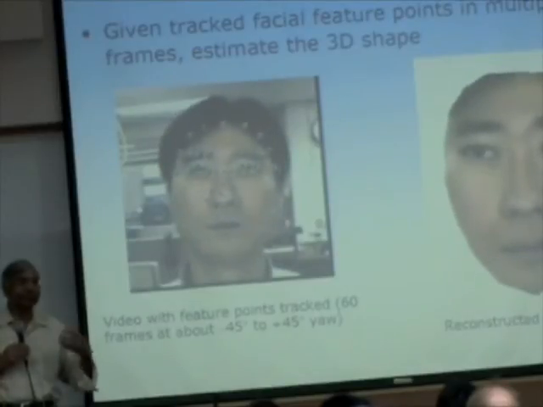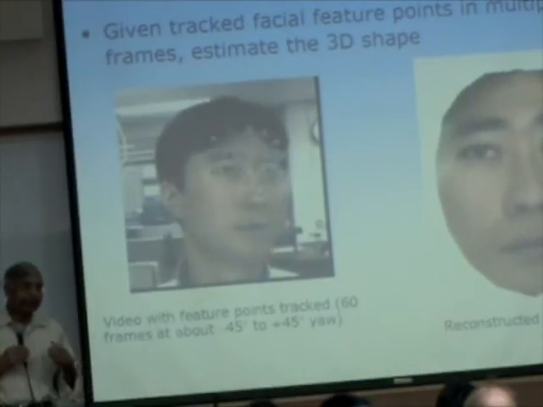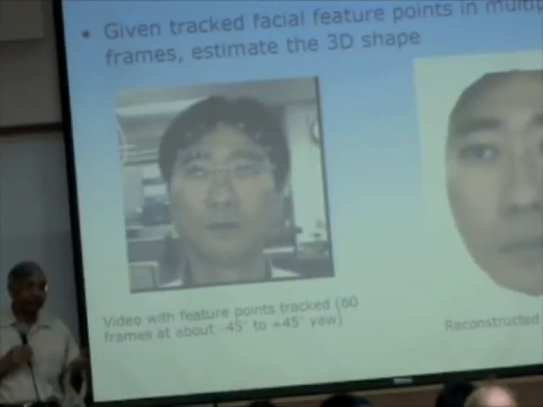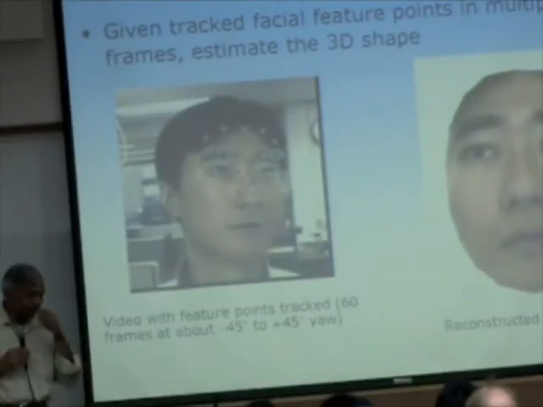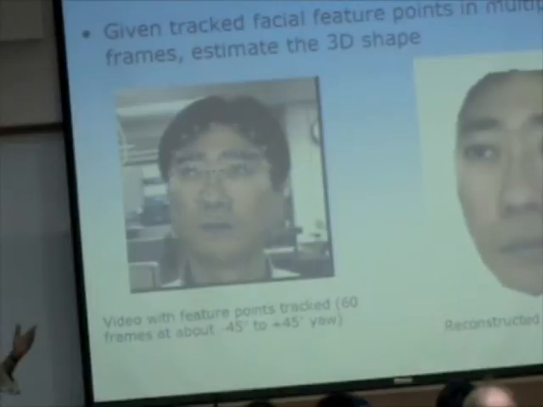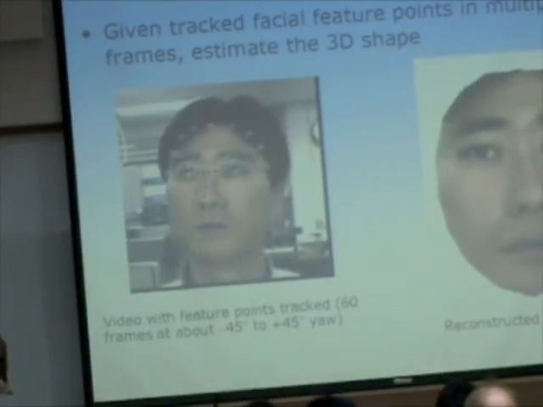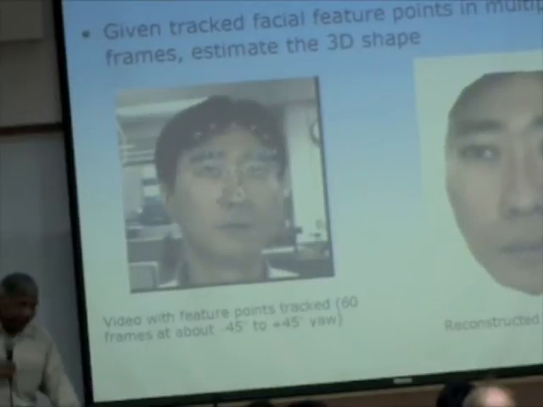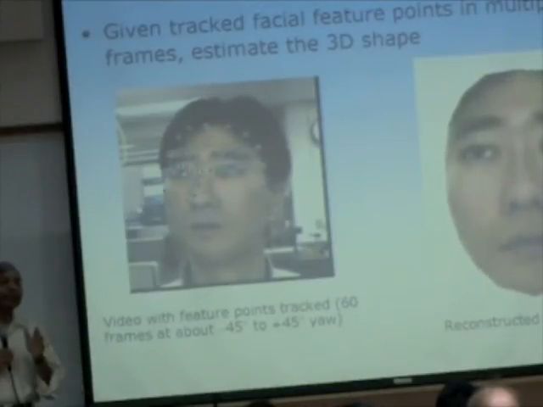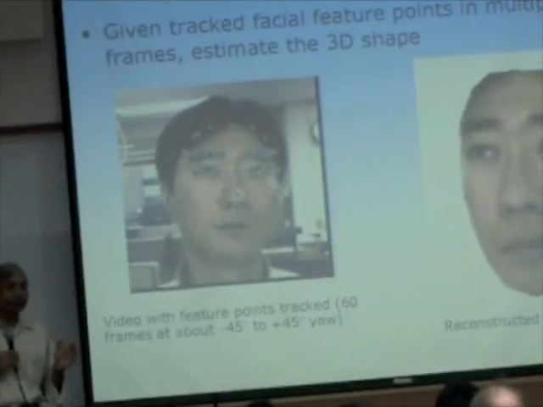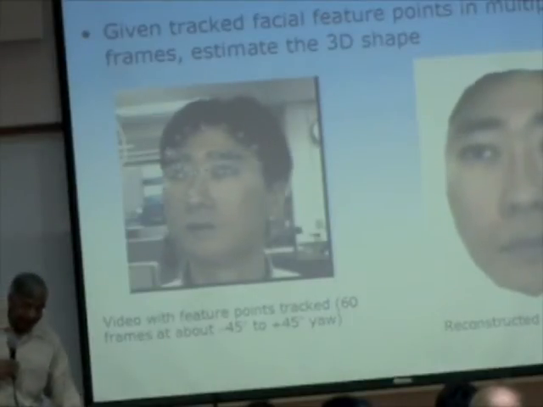So again, when we say structure from motion, it means deriving the 3D information from motion information. In this particular case, individual feature points are moving because you have multiple video frames. And by looking at the correspondence between these multiple feature points, you can build a 3D model.